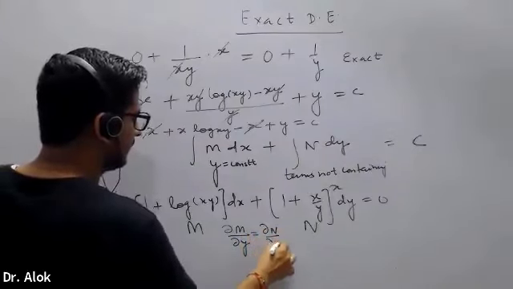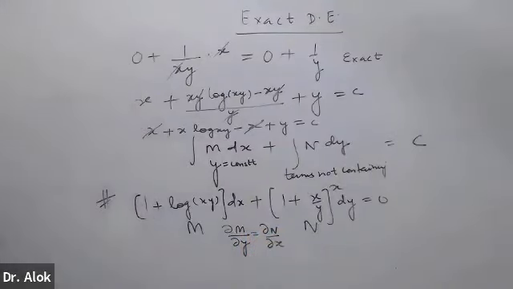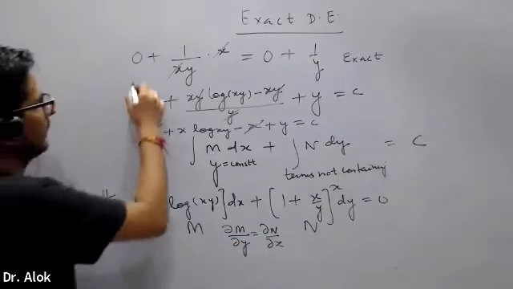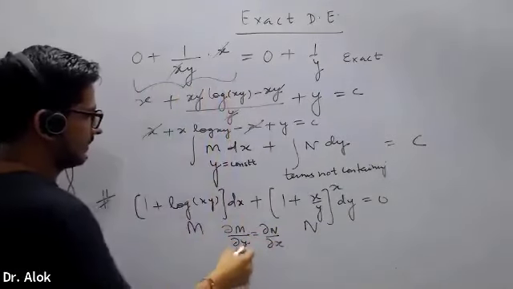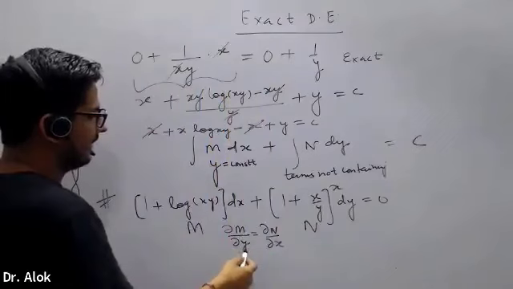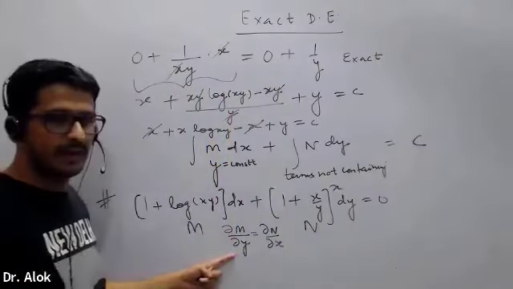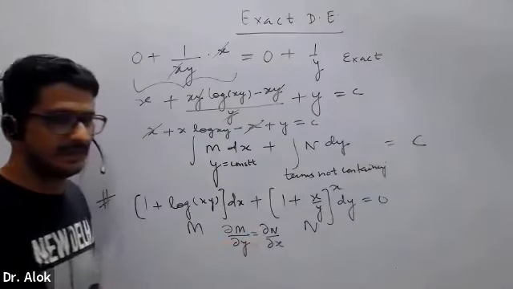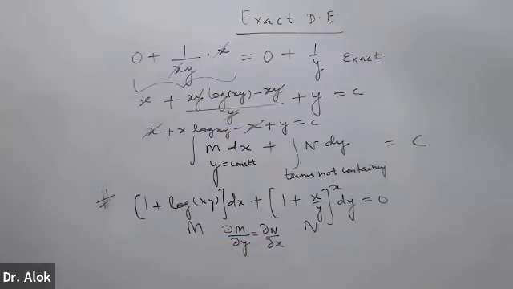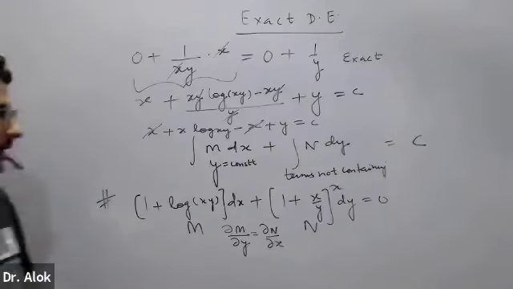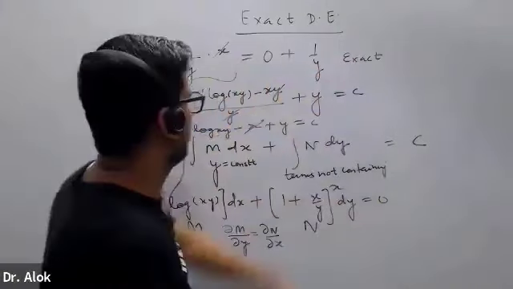I was checking that. Del M by del y means partial derivative with respect to y, and del N by del x means partial derivative with respect to x. So these were equal, so that's why the equation was exact. Then I applied this formula.